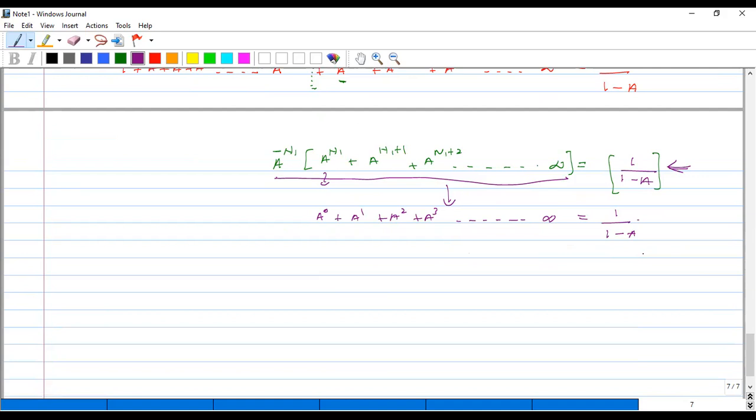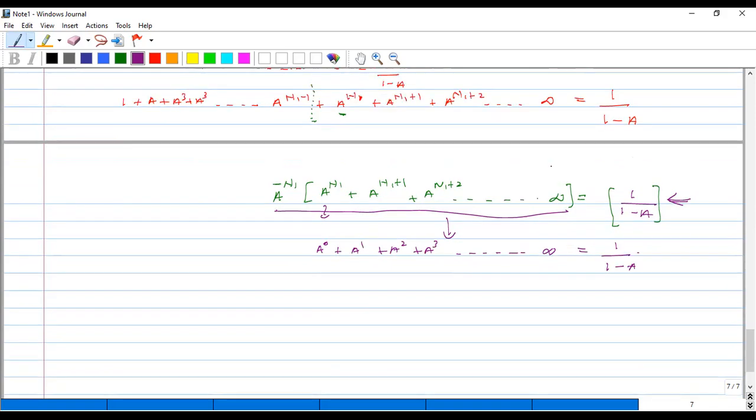Now I have to find this value only, a^n1 + a^(n1+1) + a^(n1+2), and so on up to infinity. So what I have to do is divide this side by a^(-n1), and also divide the other side by a^(-n1), so this one will cancel out.